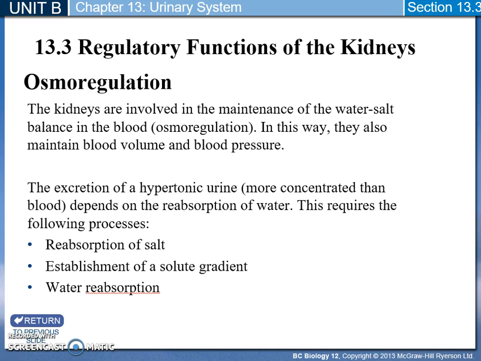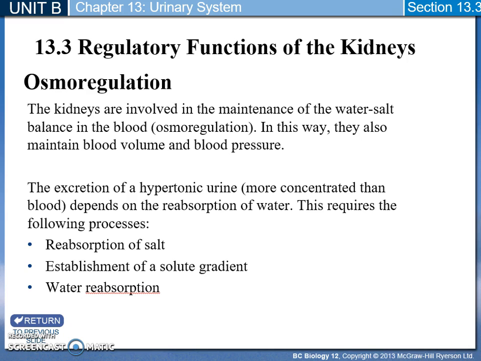The excretion of a hypertonic urine, which means that it's more concentrated than blood, depends on the reabsorption of water. So when we excrete urine, we want to minimize the amount of water that's excreted with it, so that we can retain the water in the body in order to maintain proper blood volume and blood pressure.